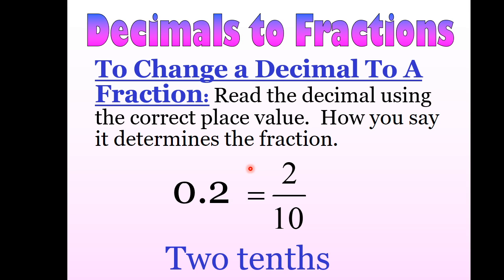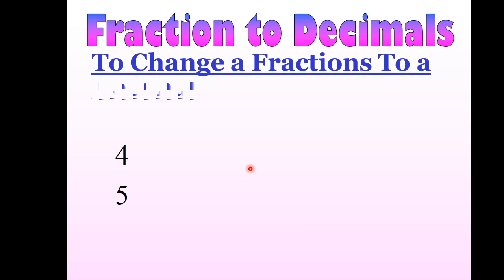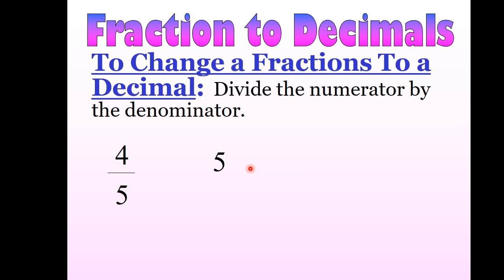Now, how do you do this vice versa, from fraction to decimal? Well, it's quite simple. You divide the numerator by the denominator, meaning whatever is on top, you divide it by whatever is on the bottom. As you can see here, we have 4 divided by 5.